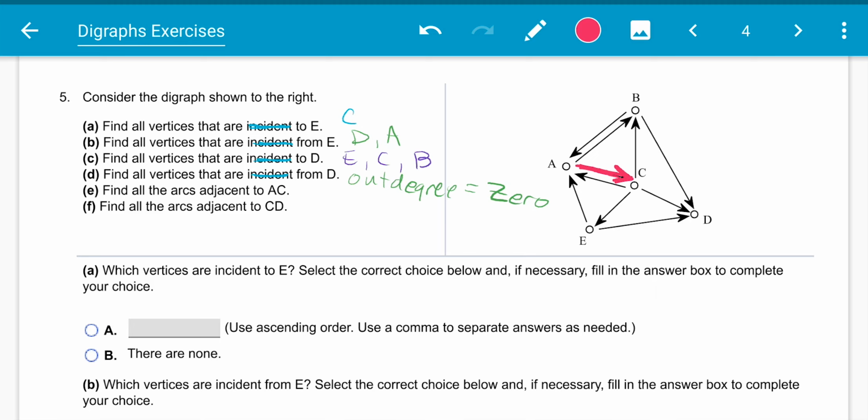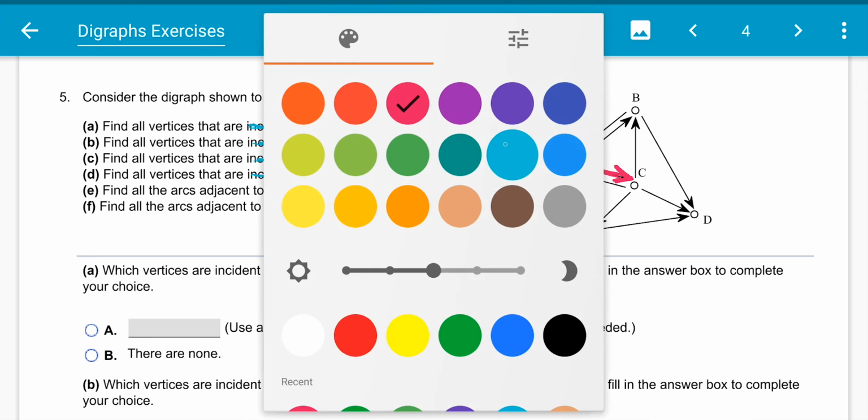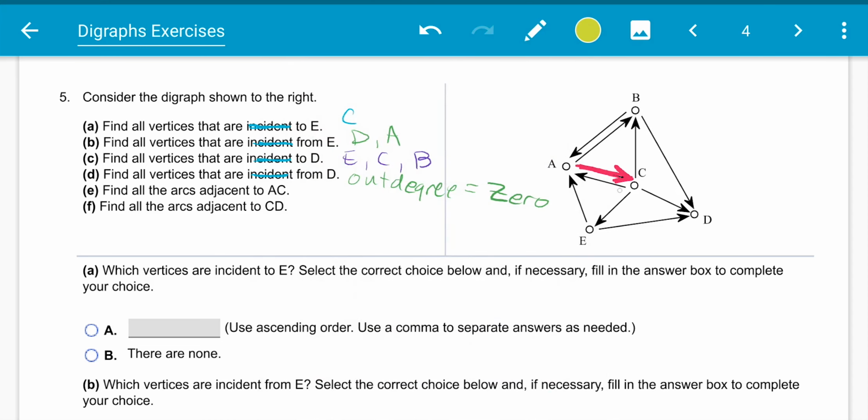If we're sitting right there at C, we can go from C to A, we can go from C to E, or to D, or to B. So our arc set that we could possibly go from on the A to C, because we're sitting right here at C, is going to be CA, CE, CD, and CB.